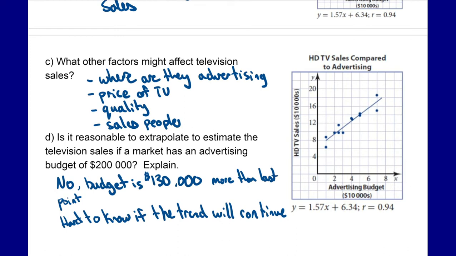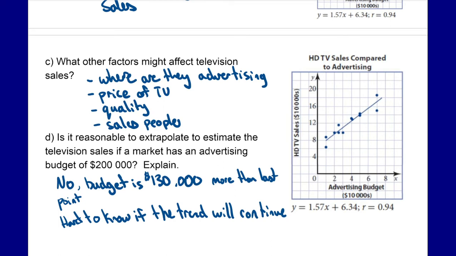If it was, say, instead of $200,000, maybe 100,000, because we're looking at these values 20, 40, 60, 80. Or maybe 120,000.